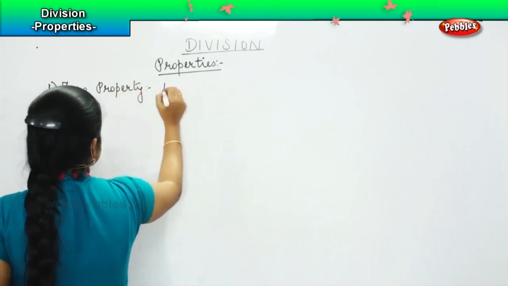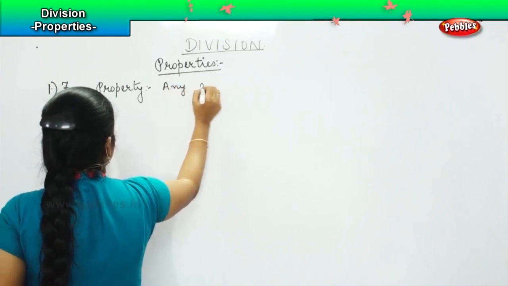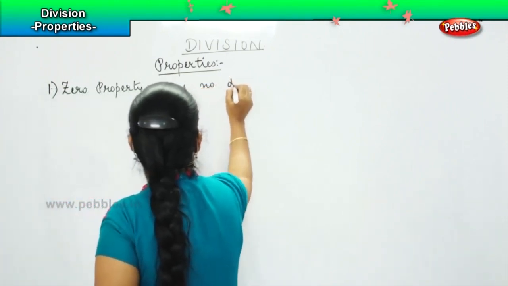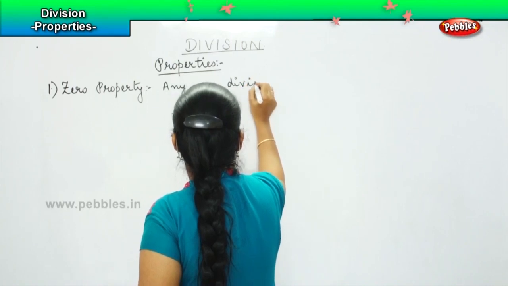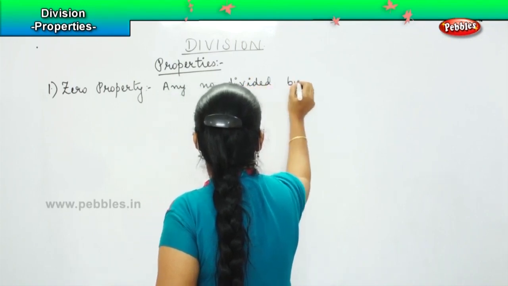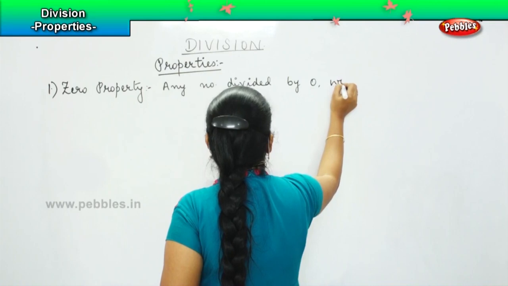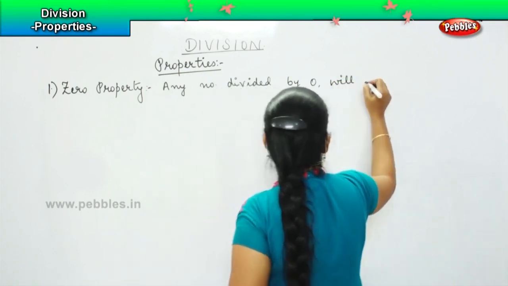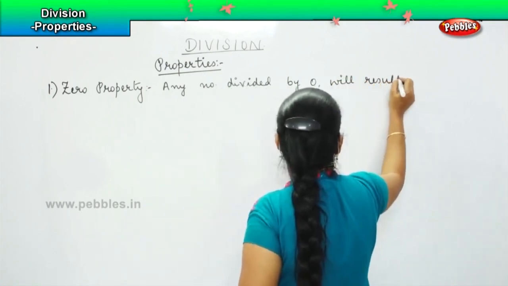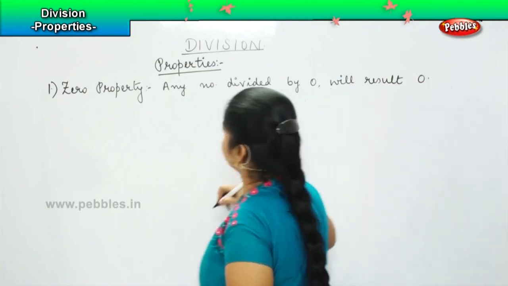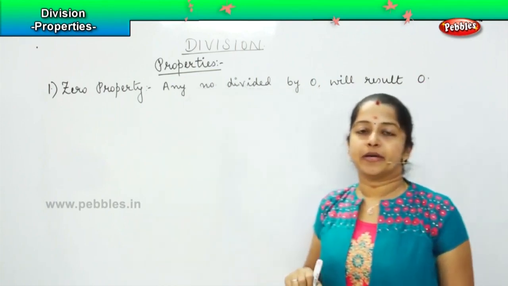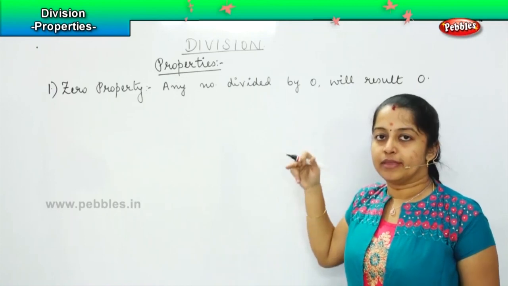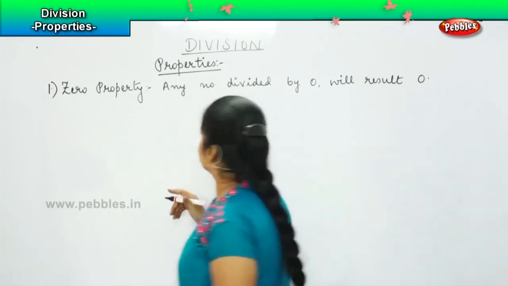The property says any number divided by 0 will result in 0. Okay. So any number, if I divide by 0, the answer will be 0.